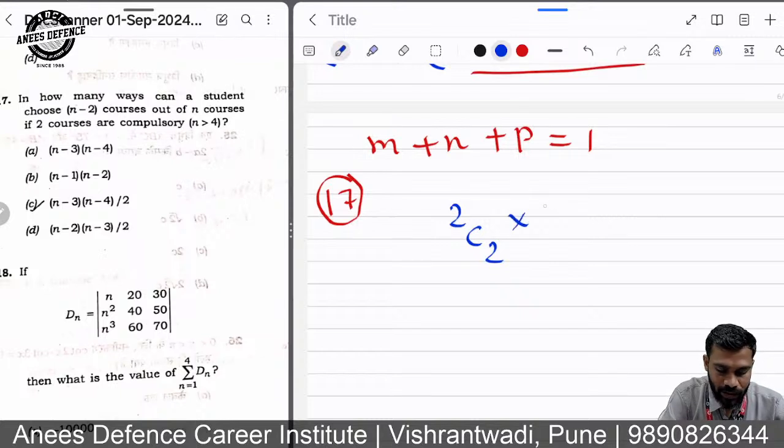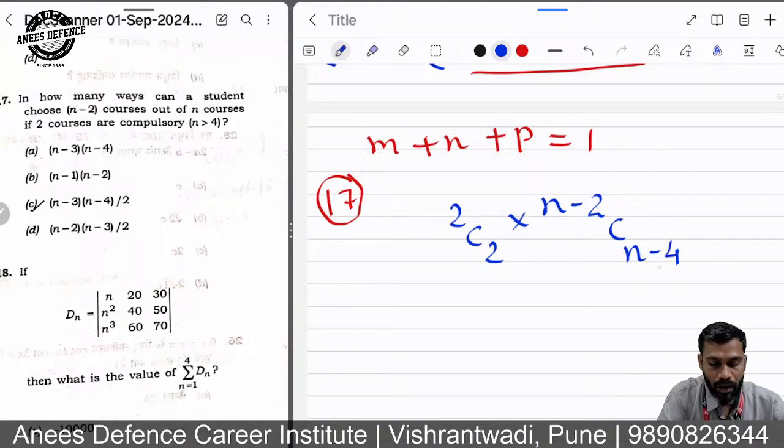Now we are left with n minus 2 courses for selection, right? Since we have already selected 2, we are left with n minus 4 selections, as we have to select n minus 2 in all. So 2C2 is 1, and that will give you n minus 2C, I can write 2, because nCr is equal to nC n minus r.